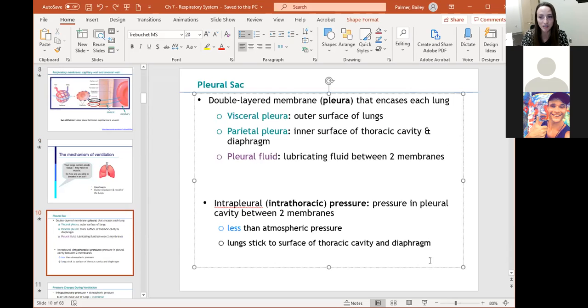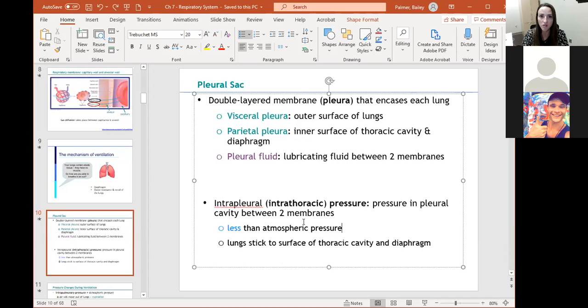So interpulmonary pressure, pressure within the lungs, where interthoracic is between the two membranes. And it's referring to these two membranes up here, the visceral and parietal pleura. What you have to know is that that pressure is caused by that fluid. And that fluid allows the lungs to adhere to the interthoracic cavity.